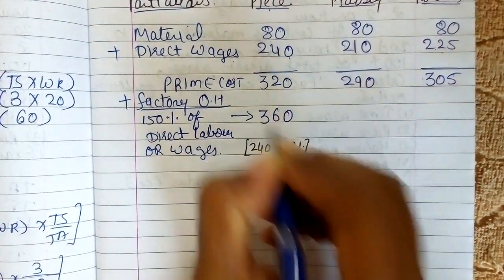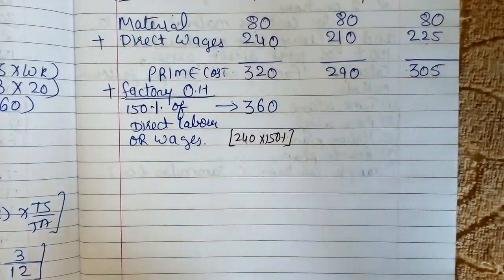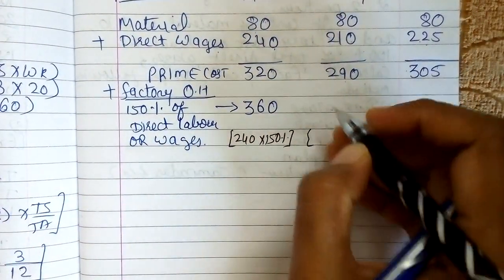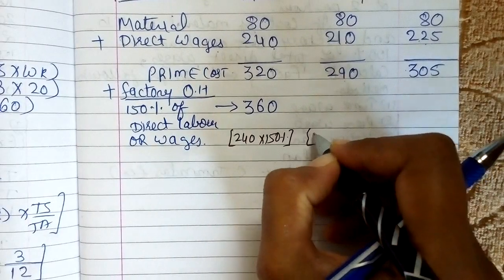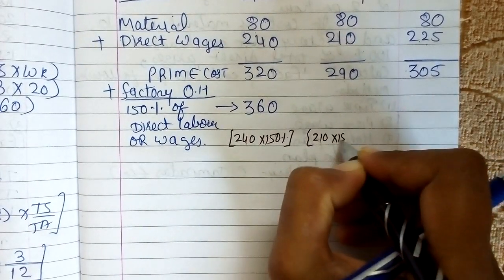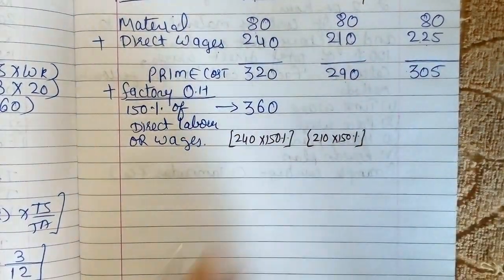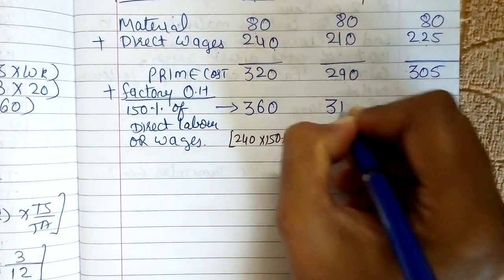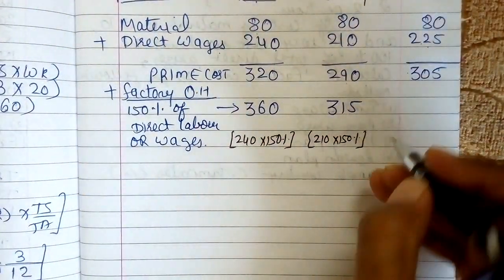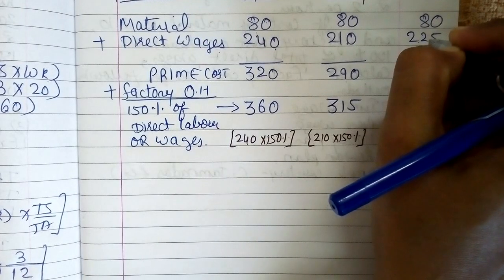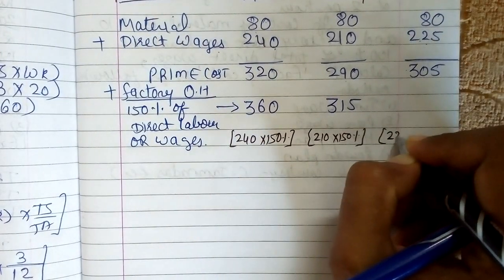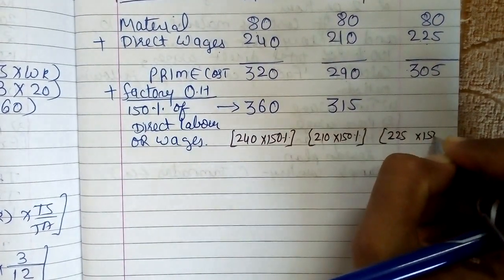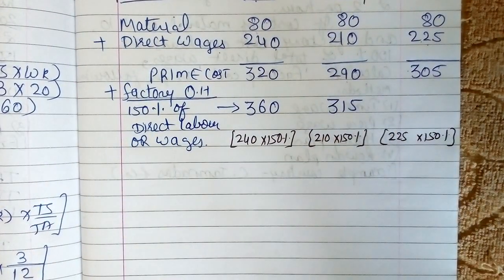360. Right? Next, 150% of 210. So 210 into 150%. So that is 315. And 225 into 150%. Right?